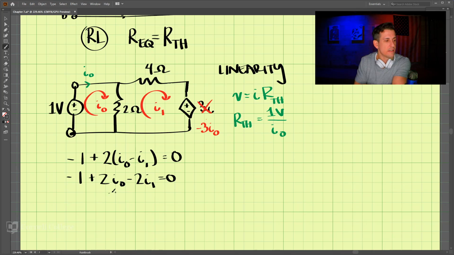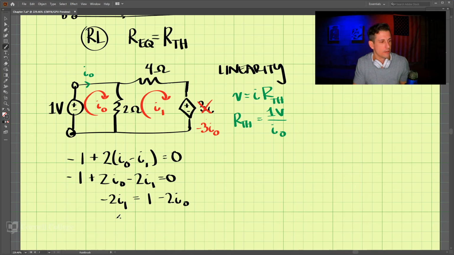And then lastly, let's solve for I1. If we move the 1 to the other side, we have negative 2 I1 is equal to 1 minus 2 I naught.